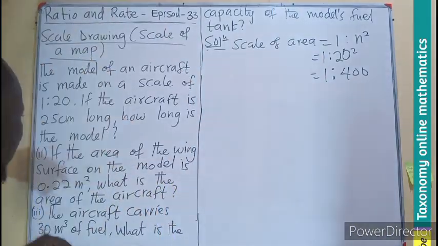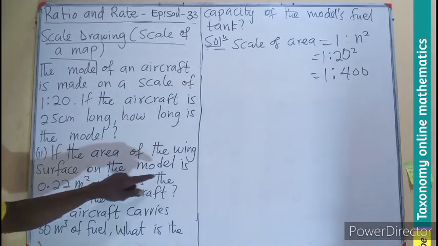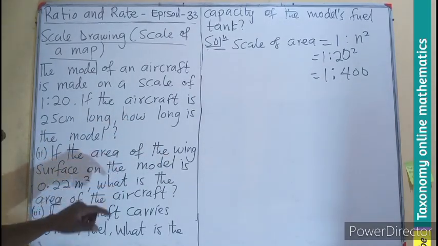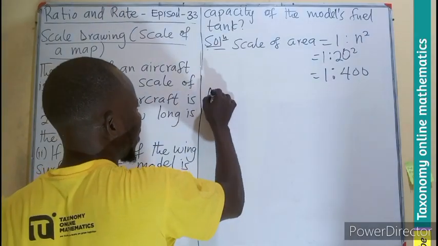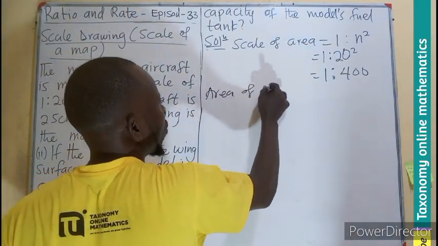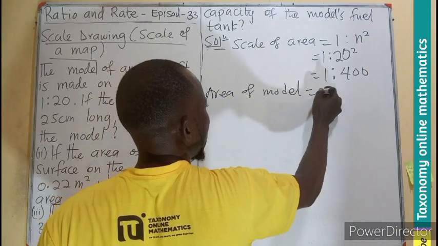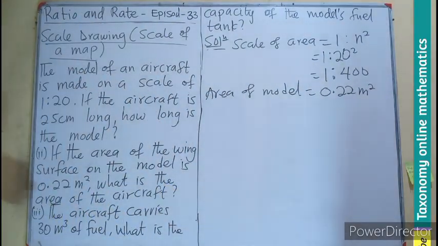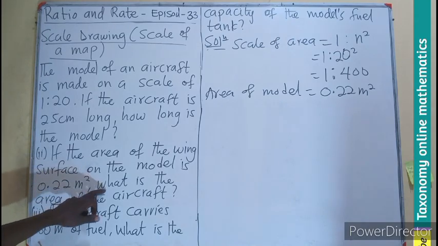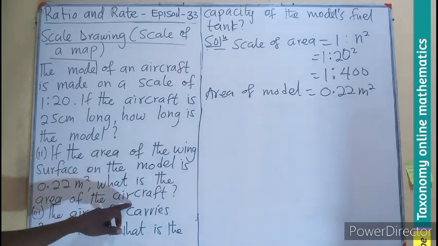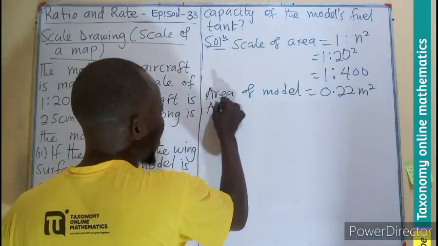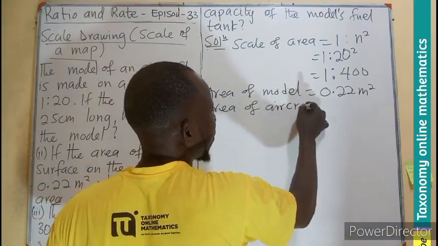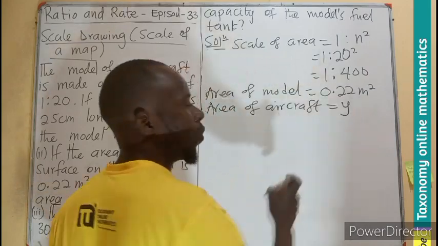So now what do we need? They said the area of the wing on the model, so the area of the model is 0.22 meters squared. Okay, the area on the model. What is the area of the aircraft? So we need to find the area of the aircraft, which we don't know.